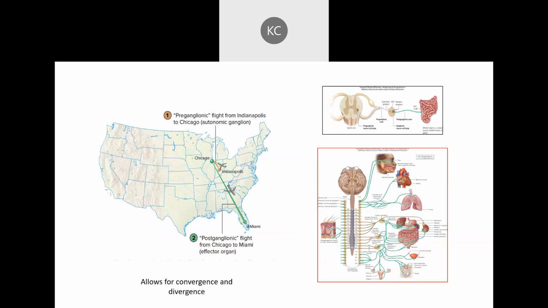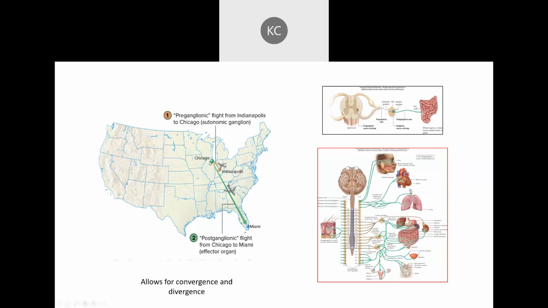So you can think of this as a flight type of situation. Imagine you're flying from Indianapolis to Chicago to Miami. You start in Indianapolis and you fly to Chicago. You're only on one plane at a time. Imagine it's just you, or your family or whoever. You fly from Indianapolis to Chicago, one flight.